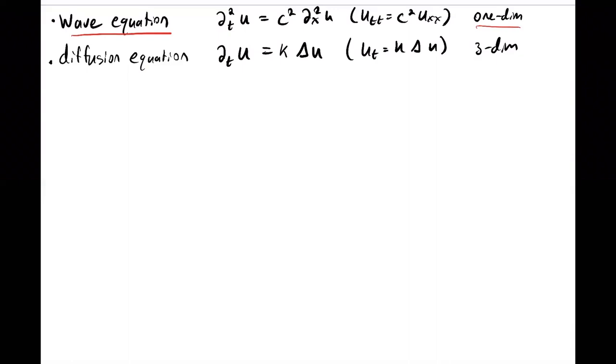Before we do that, though, I do want to mention a few more things related to variants of the diffusion equation, which are worth pointing out now. The argument we gave was specific to 3 dimensions, but there are also analogs in 1 and 2 dimensions.